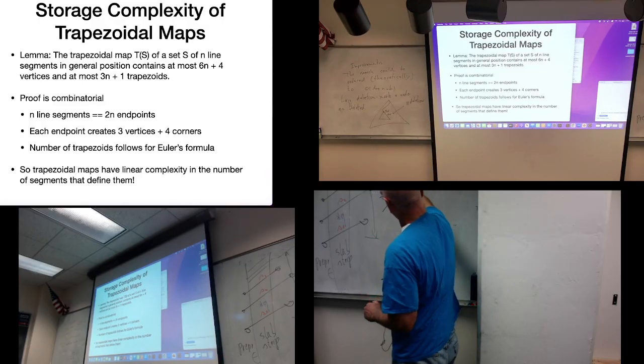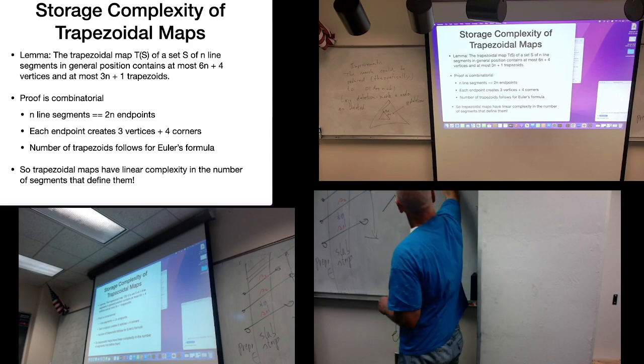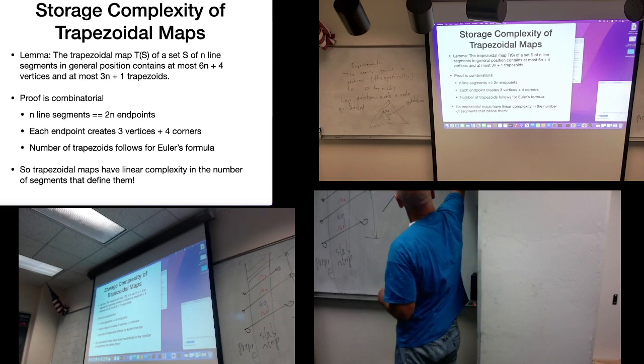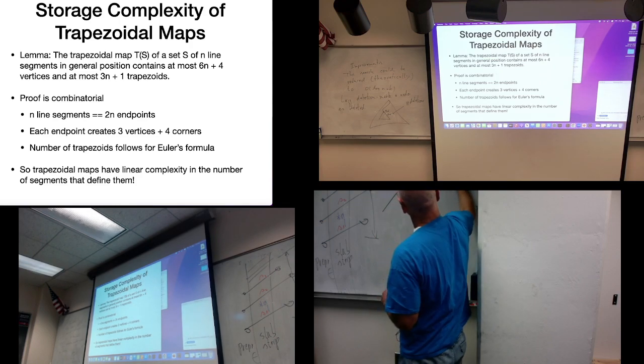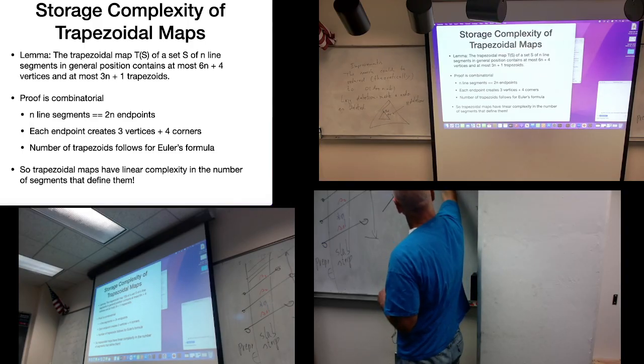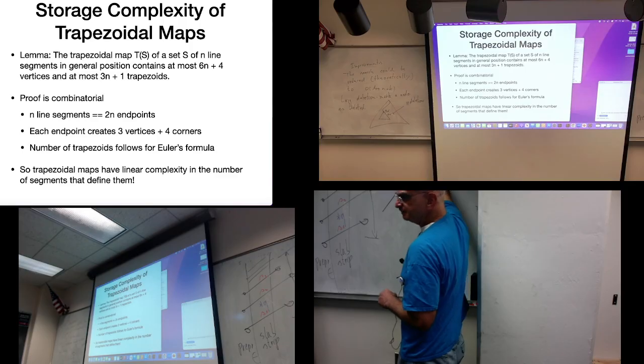Here is my segment, Si. I'll shoot away until I hit one trapezoid, and shoot away until I hit another one. That's one case. So this endpoint creates a corner of this trapezoid, and a corner of this one.